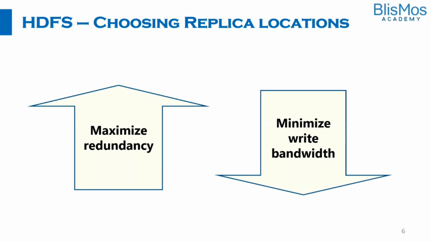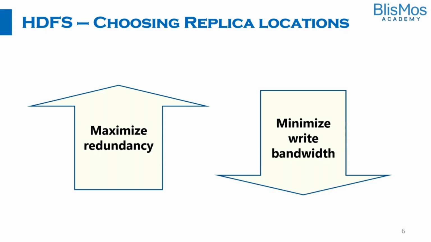But coming to minimizing the write bandwidth, let us say you are in San Francisco and you send a 1 GB email to one of your friends who is in Bangalore. Do you think it takes the same amount of time as sending 1 KB of data from San Francisco to Bangalore? Not really. 1 KB of data gets sent to the Bangalore location within a fraction of a second.